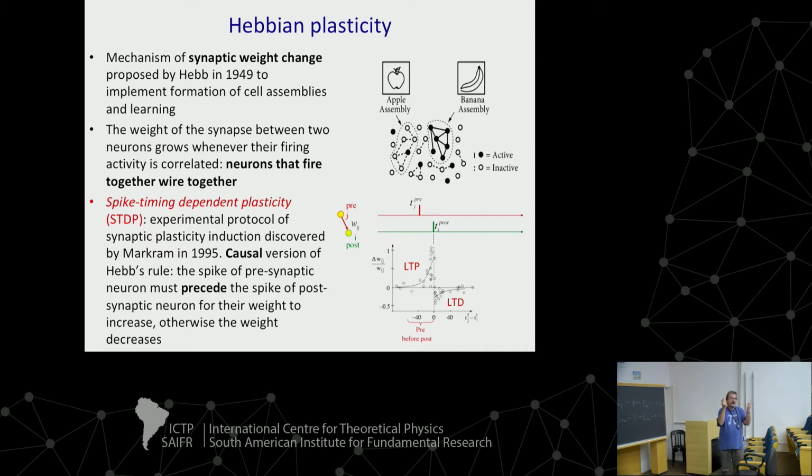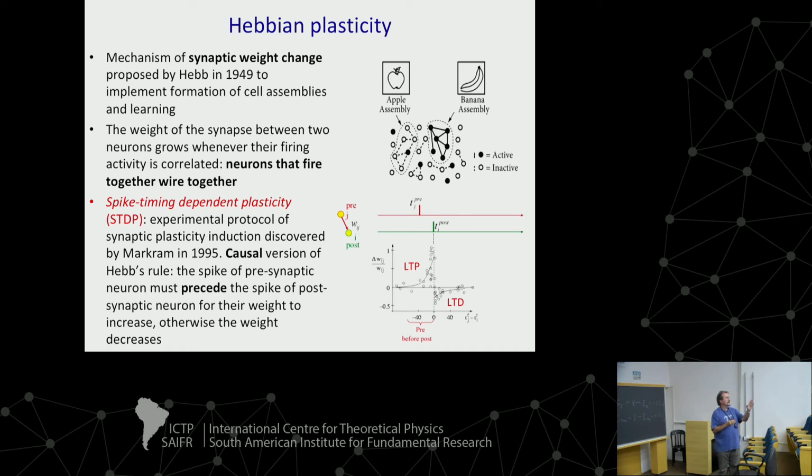But if you think a little bit about it, you ought to have a causality there. If the presynaptic cell influences the postsynaptic cell, the spike in the presynaptic cell has to precede the spike of the postsynaptic cell. If it's the other way around, there's no causal link between them. So there's just a spurious correlation between the two of them.